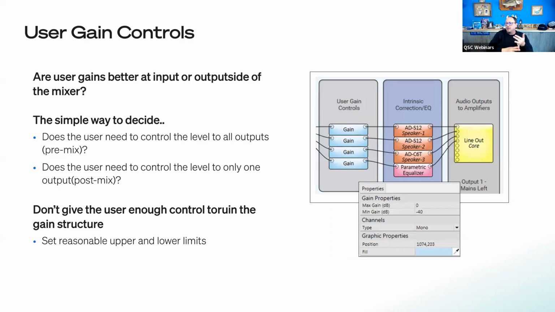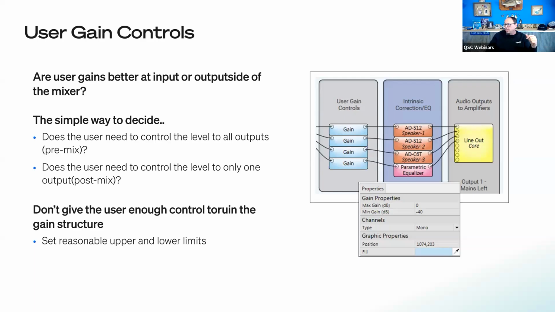Does the user need to control the level of all the inputs pre-mixer, or do they need to control just one for the room? 99% of the time, in basic systems, conference rooms, things like that, people are not audio engineers, right? They just want to make the sound coming out of the loudspeakers louder, whether that's the conference or the TV or whatever the case may be. But use your discretion. I also don't give them enough to ruin the entire gain structure.